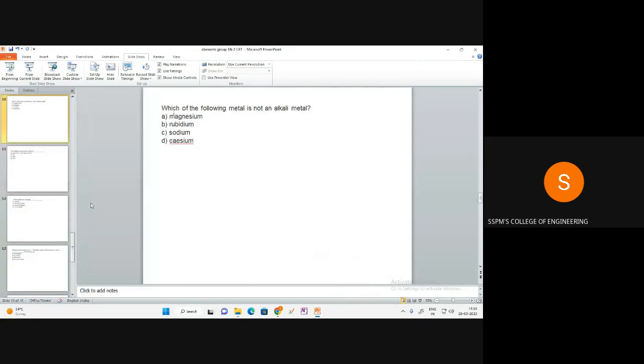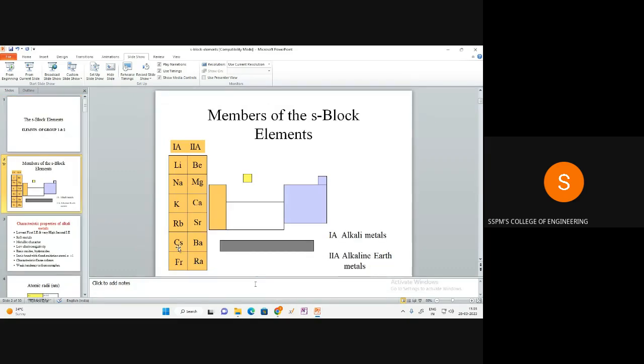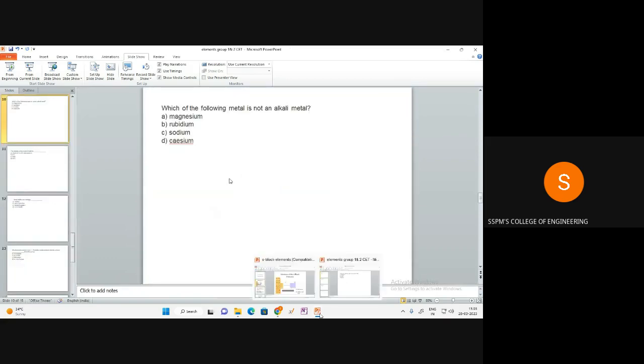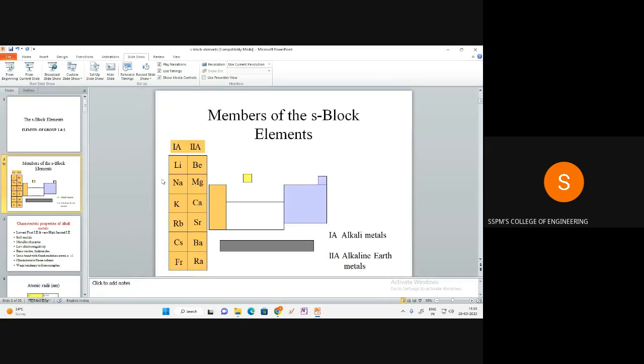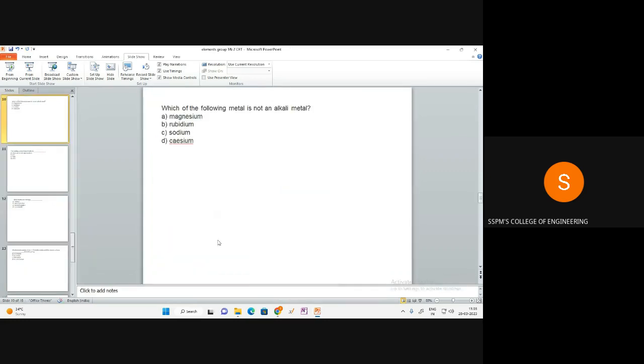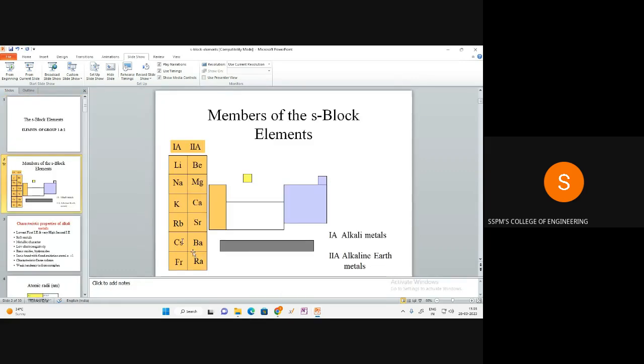Check that. Cs means cesium, is it an alkali metal or not? Yes, Cs is an alkali metal. Then sodium. Sodium is always an alkali metal, the second element in group 1. Then rubidium, Rb, the fourth element, is also an alkali metal.